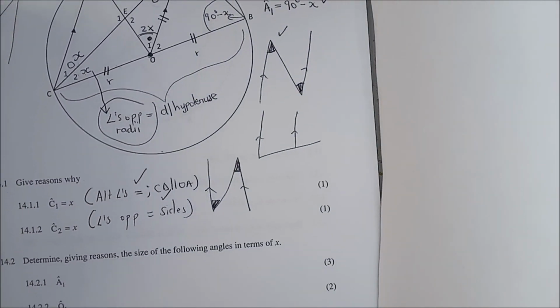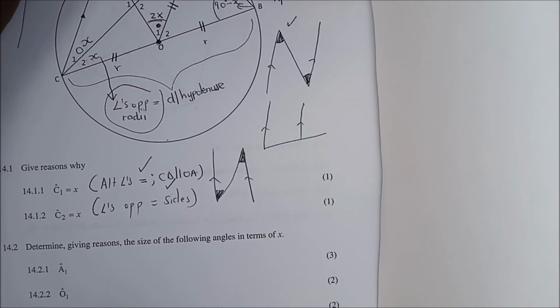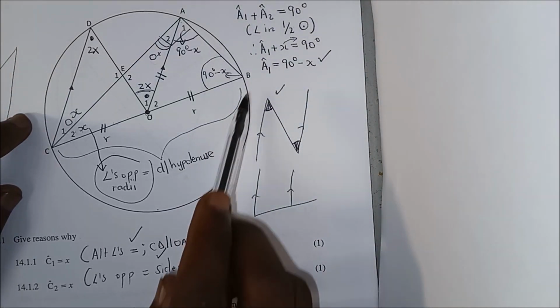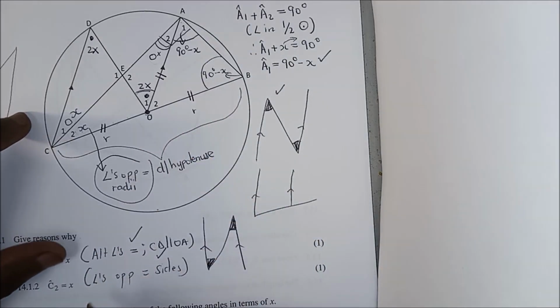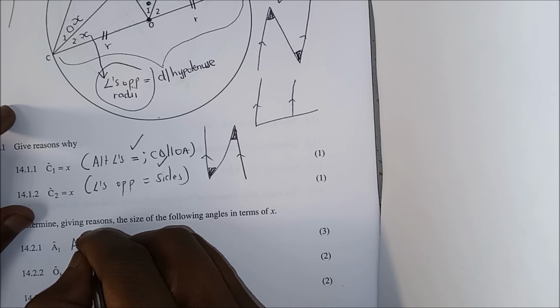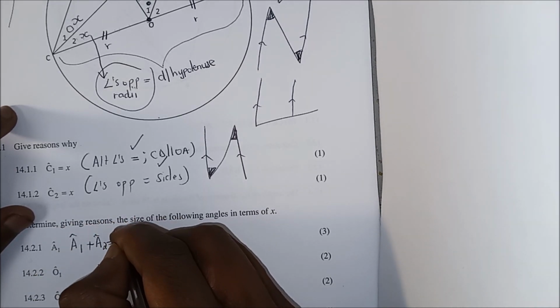Going to the next question, it says determine, giving reasons, the size of the following angles in terms of x. Now, A1, look at that. We said that A1 plus A2 is equal to 90 degrees.